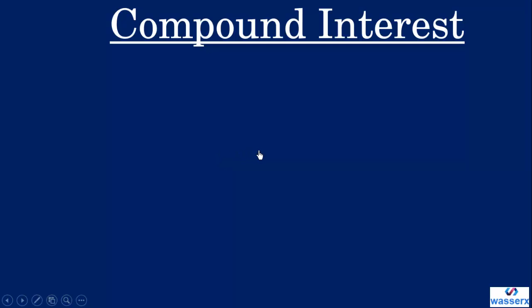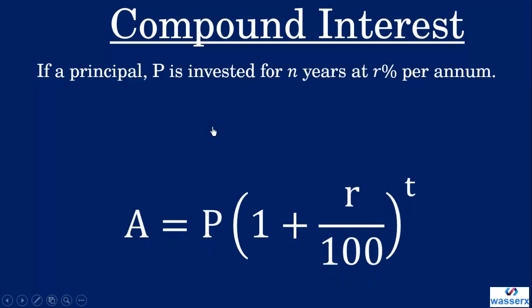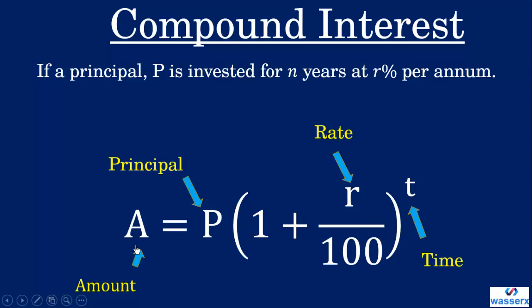So if a principal P is invested for n years at R% per annum, then the formula for calculating the amount of money is given by A equals P times (1 plus R over 100) exponent T, where A is the amount, P is the principal, R is the rate of interest, and T is the time in years.